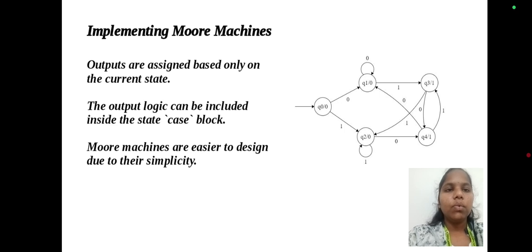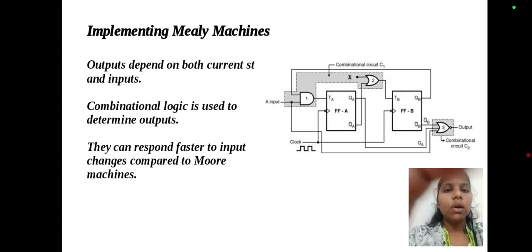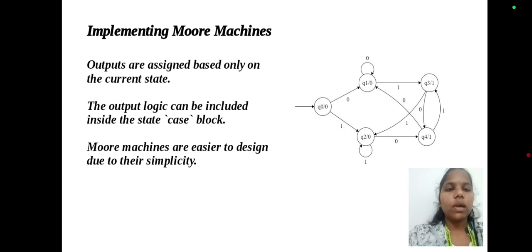Implementing Moore machines. Outputs are assigned based on the current state. The output logic can be assigned based only on the current state, and can be included inside the case block.